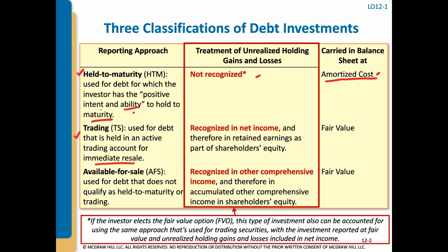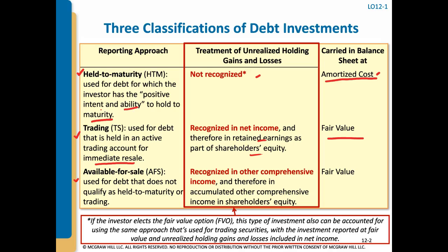Any unrealized gains or losses during that time, which we'll go over later, will be recognized in net income as part of the income statement, which flows into the retained earnings and therefore part of shareholders' equity. It is carried in the balance sheet at fair value.